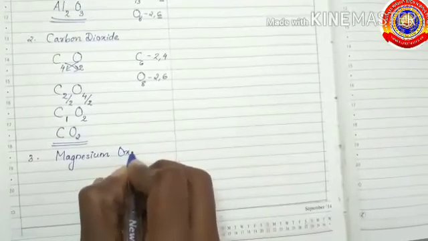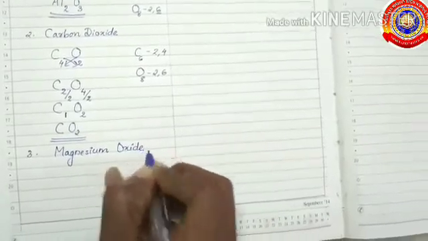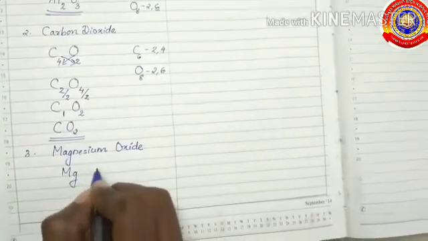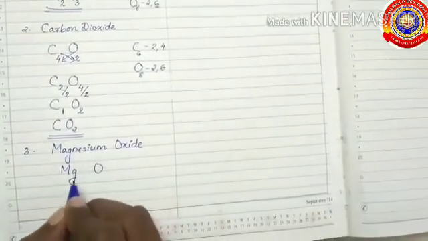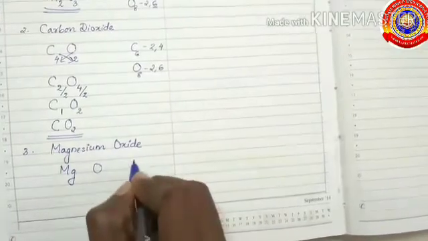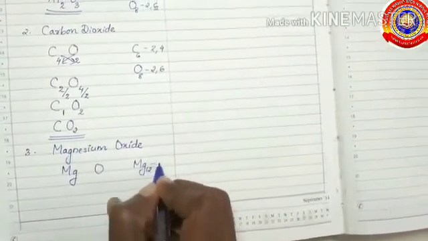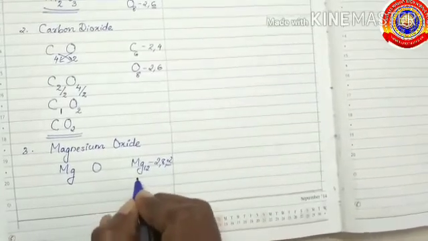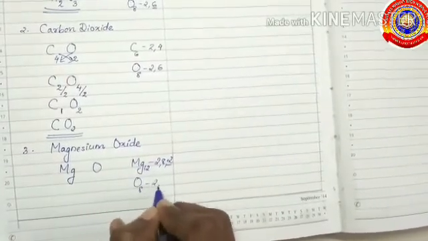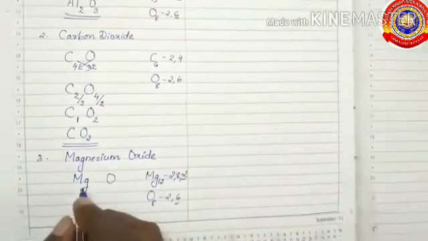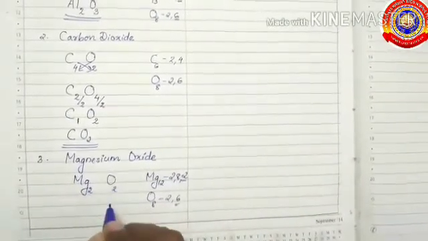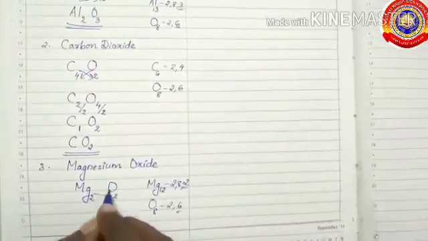Now third example, magnesium oxide. Here the constituent elements present in magnesium oxide are magnesium and oxygen, and you know the valency of magnesium and oxygen from the configuration. Here magnesium donates 2 electrons and oxygen accepts 2 electrons. So magnesium is electropositive in nature and oxygen is electronegative in nature.